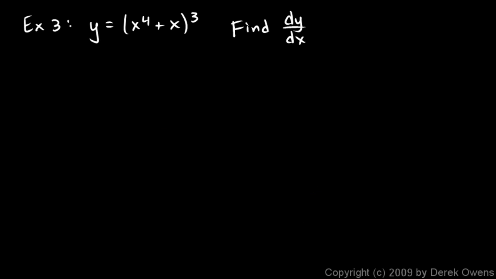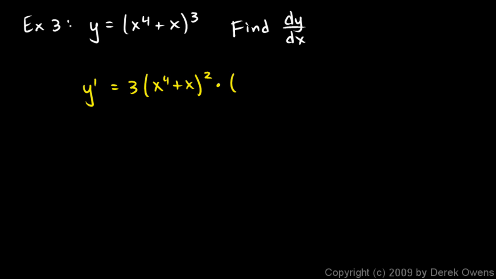And here we go. The derivative of the outer with respect to the inner. So my derivative is going to be 3 times the inner thing squared. My outer function is this power function, this thing raised to a power, so I do the derivative of that with the power rule. 3 times that thing squared times the derivative of the inner function.